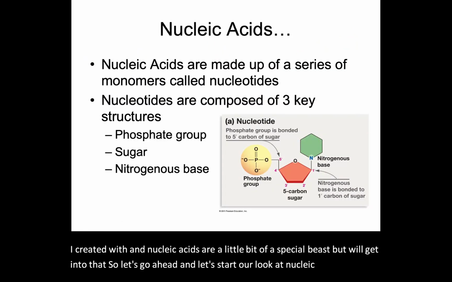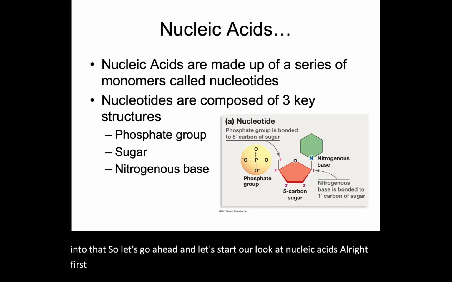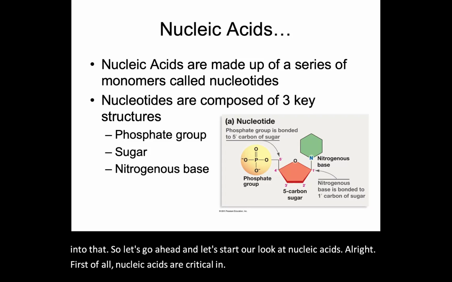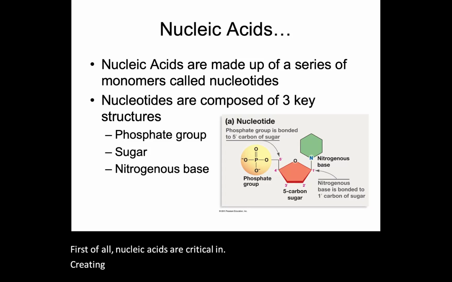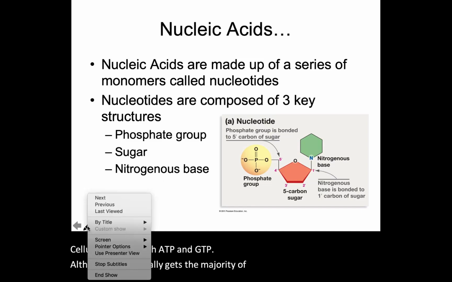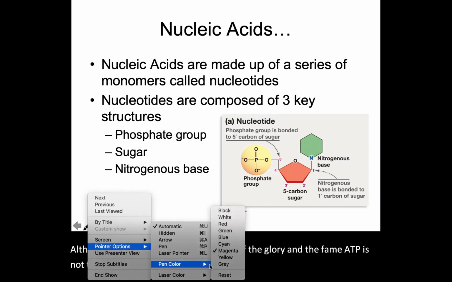All right. First of all, nucleic acids are critical in creating cellular energy, both ATP and GTP. Although ATP typically gets the majority of the glory and the fame, ATP is not the only type of cellular energy out there.